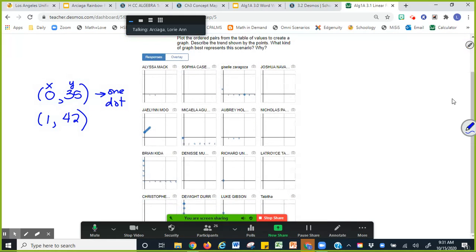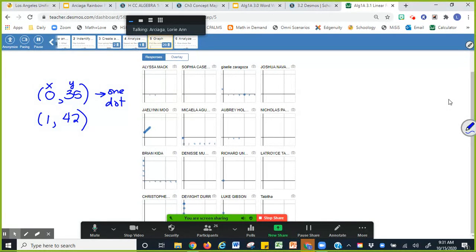I saw a lot of dots on the X and dots on the Y. If you're trying to be creative, this is not the time for that. Dots on X and Y would mean you plotted the 1 separately and the 42 separately, and that's entirely wrong.